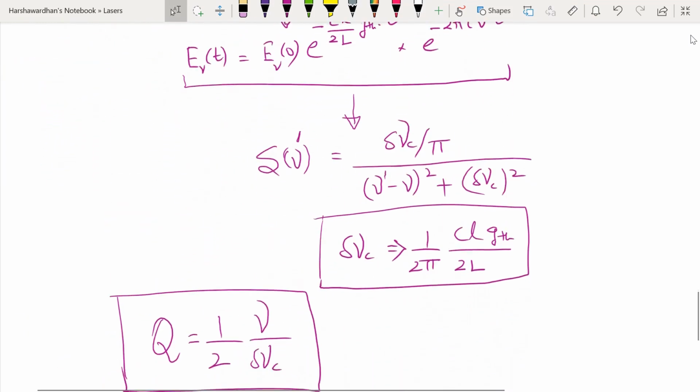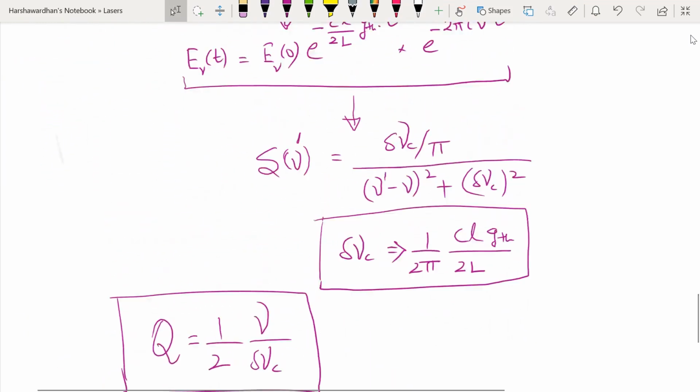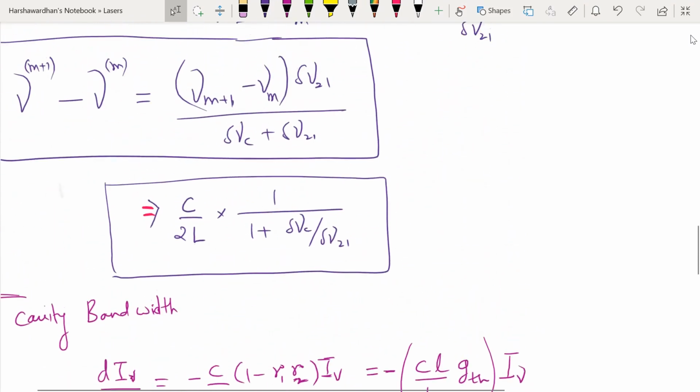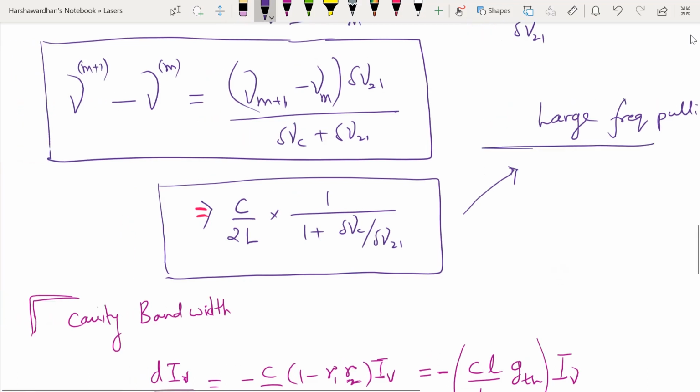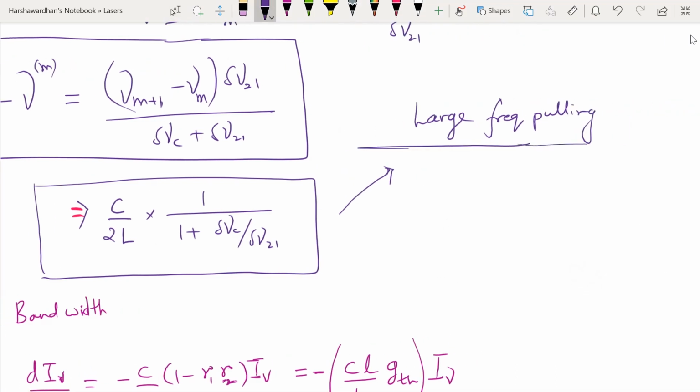So we see that the larger the cavity bandwidth, the greater the effect of frequency pulling in this system. So we figured out two conditions for a large effect of frequency pulling, that is, a difference from the bare frequency separation. Large frequency pulling happens because of two things.